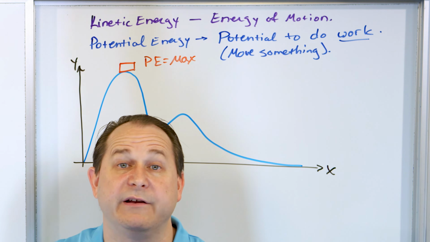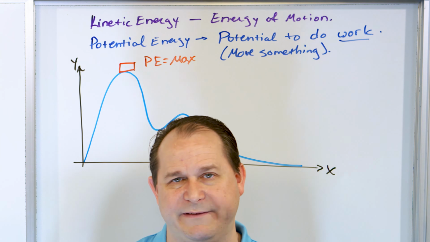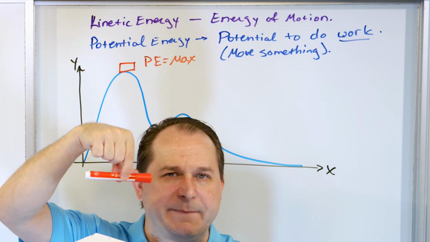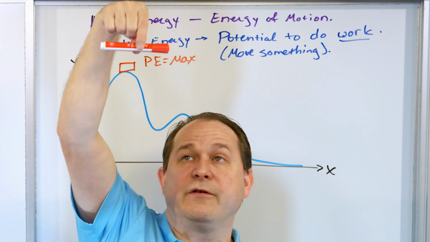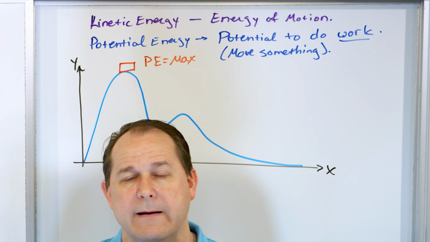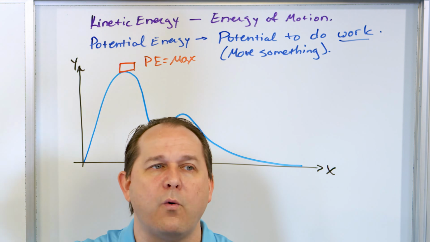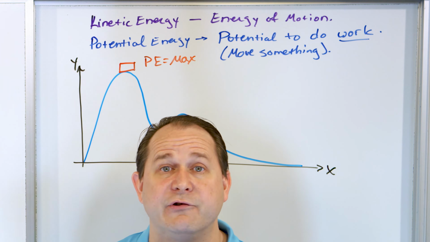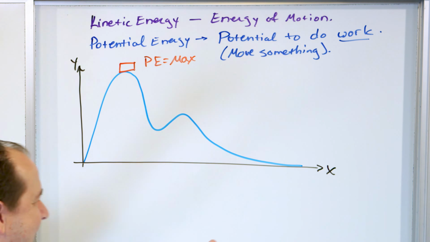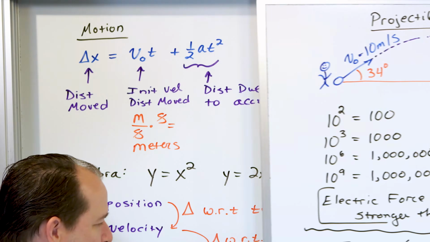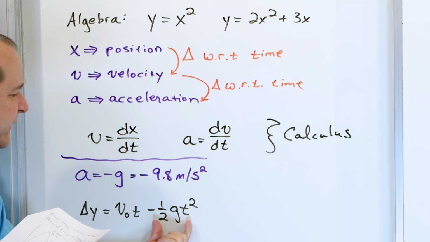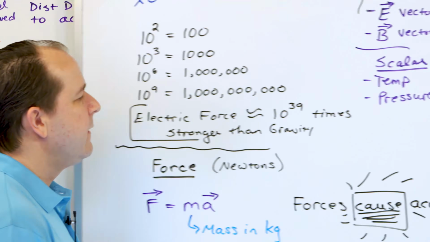But another kind of potential energy is gravitational potential energy. Let me ask you a question. If I hold something here and compare it to holding something higher off the ground, which one has higher potential energy, potential to do something? Well, the one that's higher off the ground has more potential. Why? Because if I let it go, it's going to accelerate downward due to the acceleration of gravity, right?